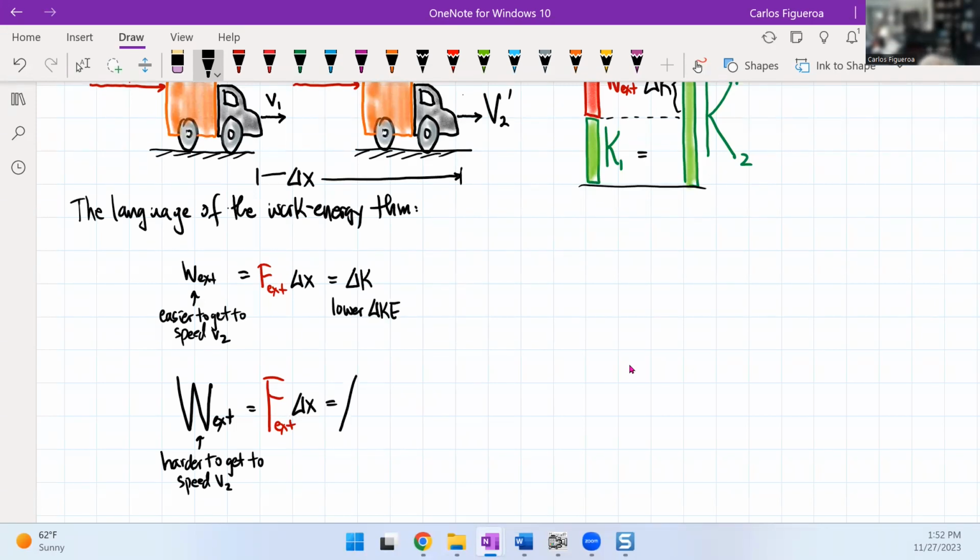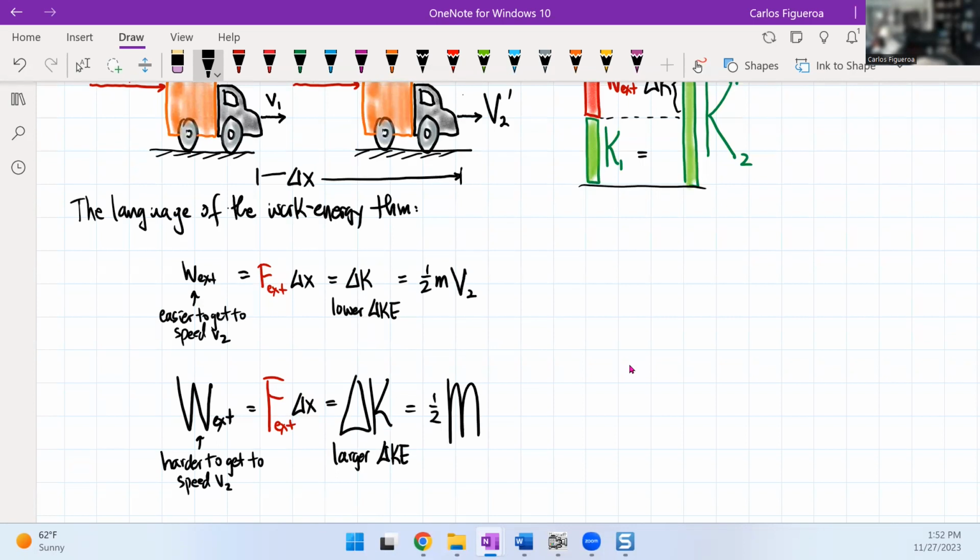This guy had a larger change in kinetic energy. And why was it larger? Because in this case, this one had a smaller mass, and in this case, this guy had a larger mass.